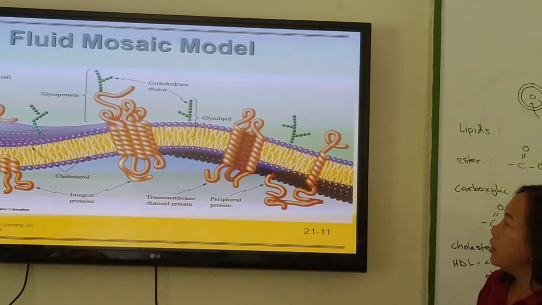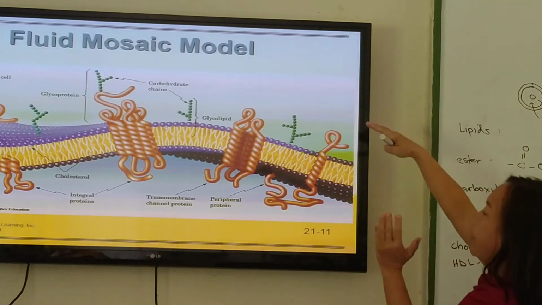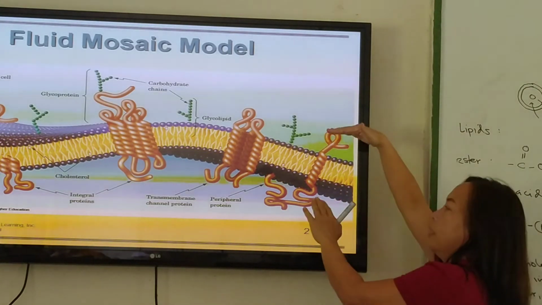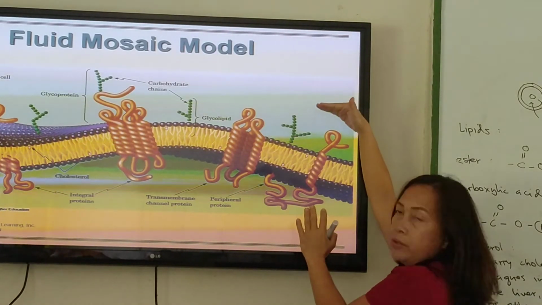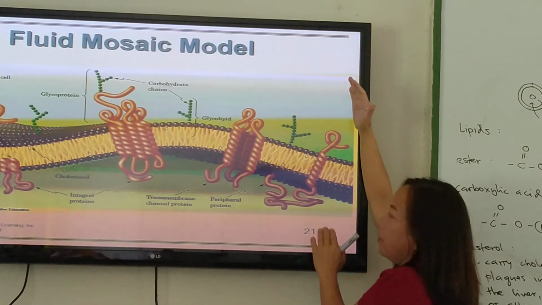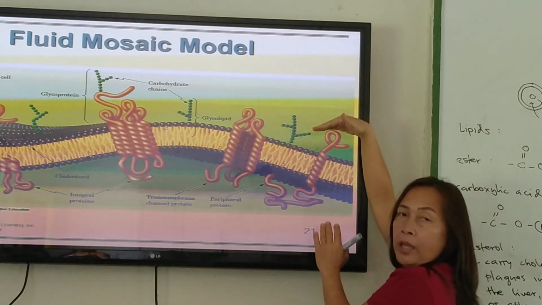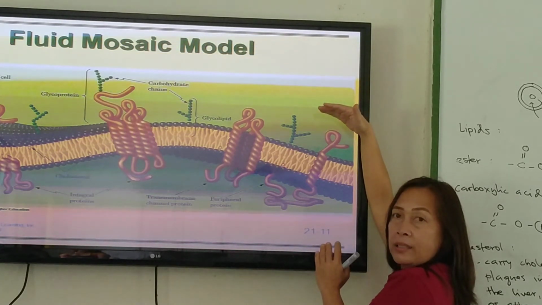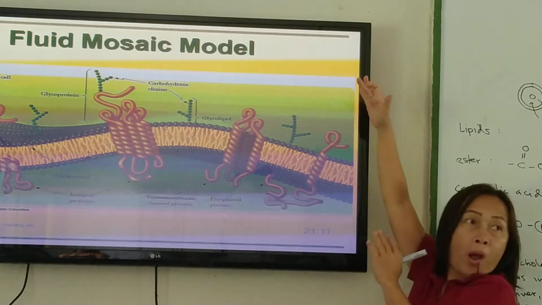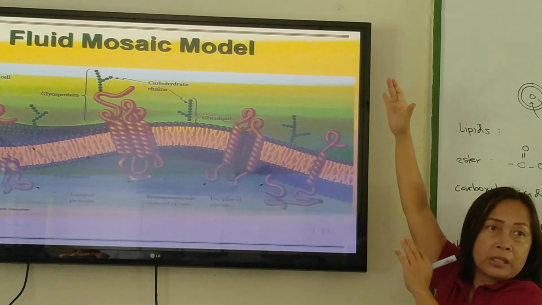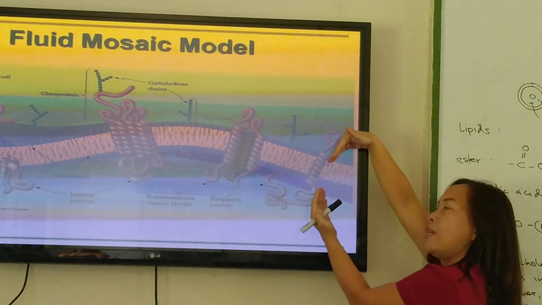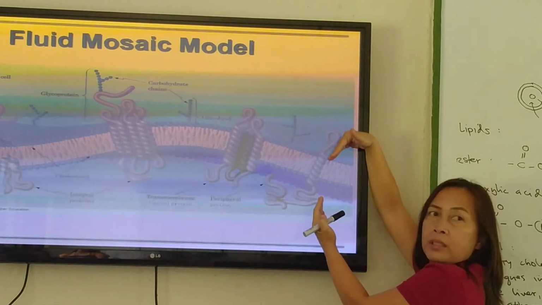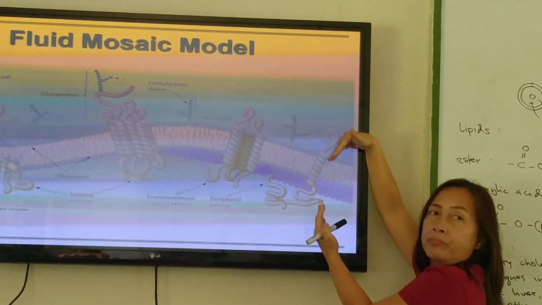Okay? Now this is the outside of the cell. This is the exterior of the cell, and this is the interior of the cell. Now, the outside and the inside of the cell are surrounded with water. That's why it is an aqueous environment. Why are they arranged in a back-to-back form, this phospholipid bilayer?